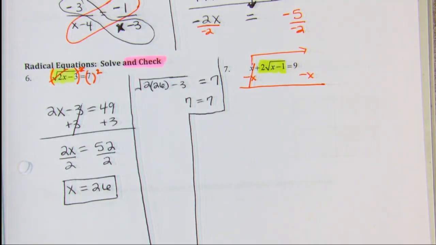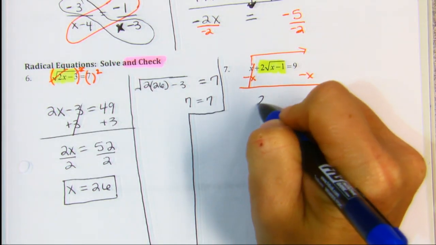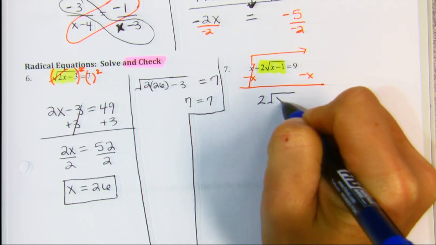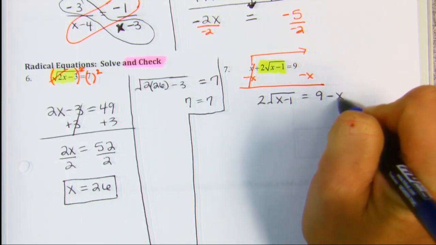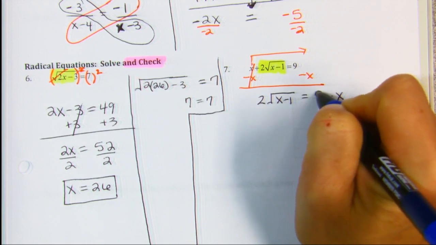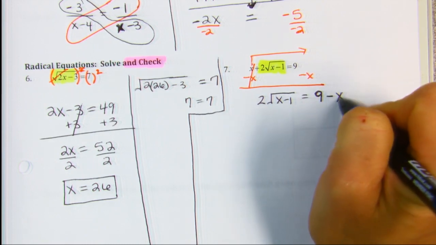To undo that radical, we're going to have to square each side, and you would have to go through and FOIL that, and that would be very busy, and you would hate it. So 2 times the square root of x minus 1 equals, and we can keep this as 9 minus x. You don't have to put that in descending order. This order is fine for what we're doing right now.